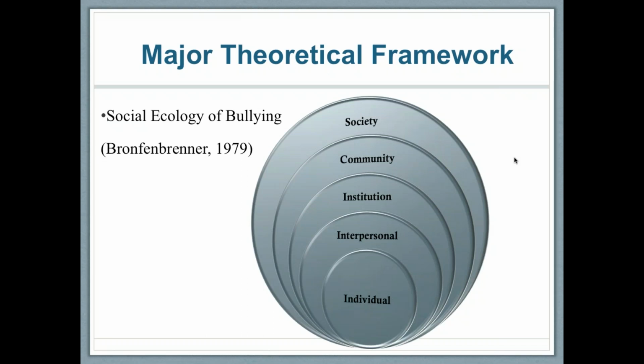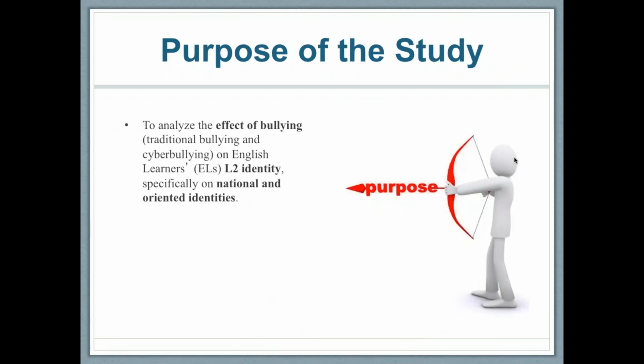So bullying behavior might come from any of the layers according to this framework. It can be interpersonal towards this individual, like peer bullying, or an English language learner might be working at an institution as a staff member, and his or her boss might be bullying this person because of ethnicity, language, and things like that.